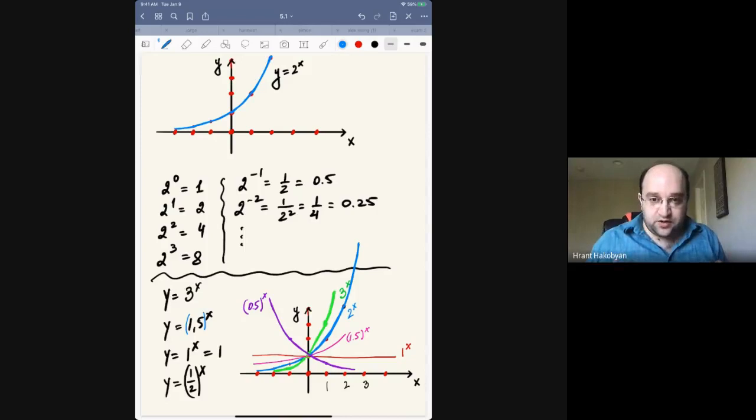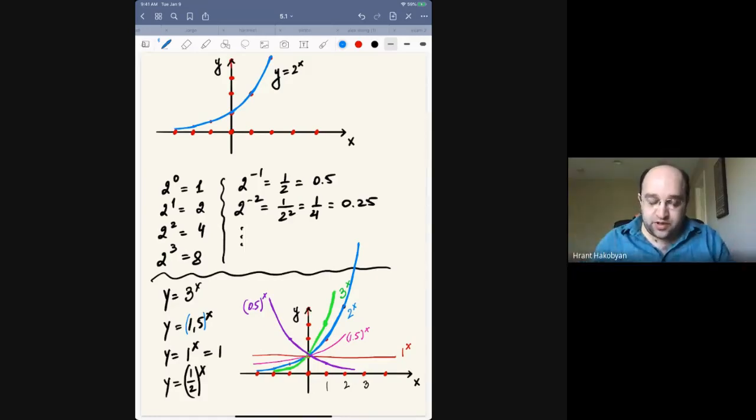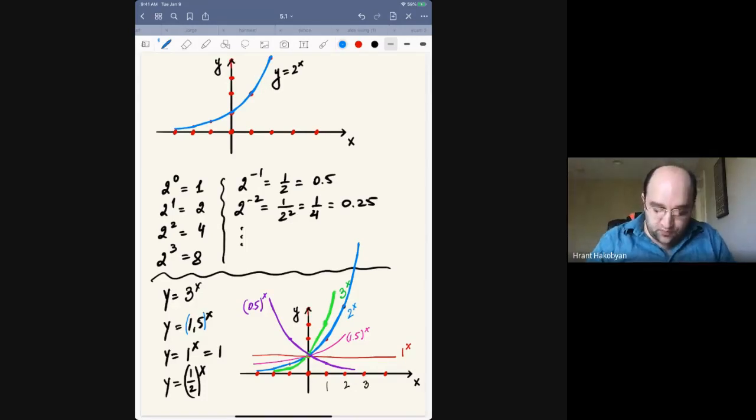So this function 2 to the x takes 1 unit of time to double, and then it becomes really big, really fast. Similarly, 3 to the x takes 1 unit of time to triple, so it becomes 3 times bigger at every step. These kinds of functions are very fast growing.